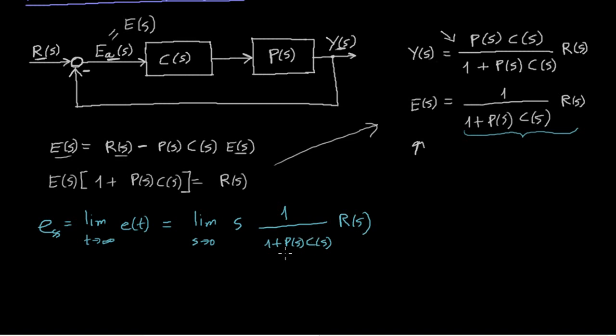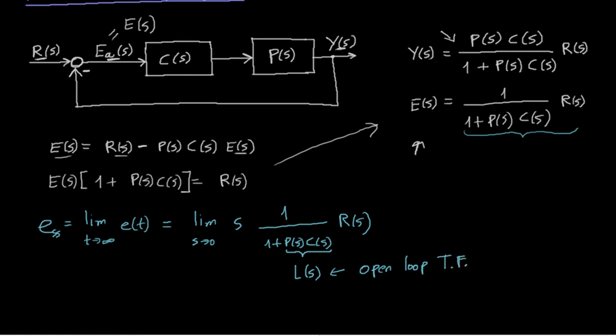Now let's combine these two functions in just one that we will denote with L(s), and this function is called the open loop transfer function.